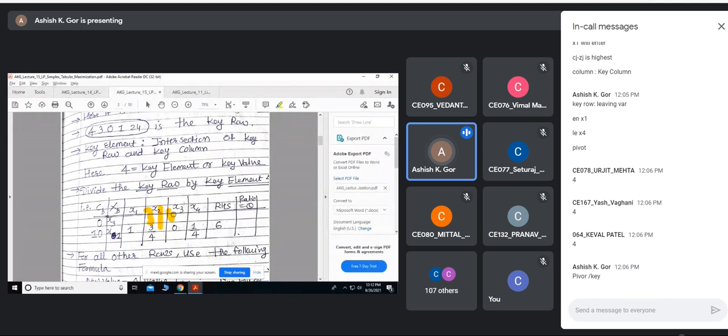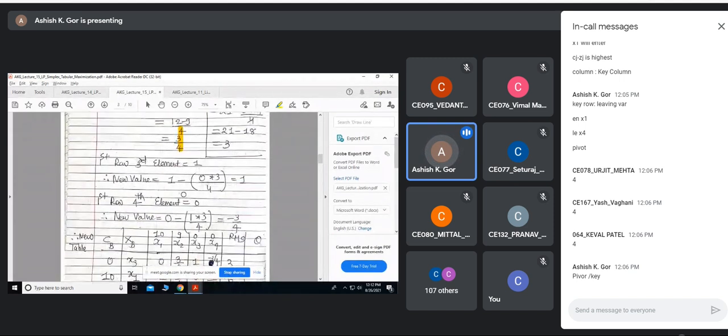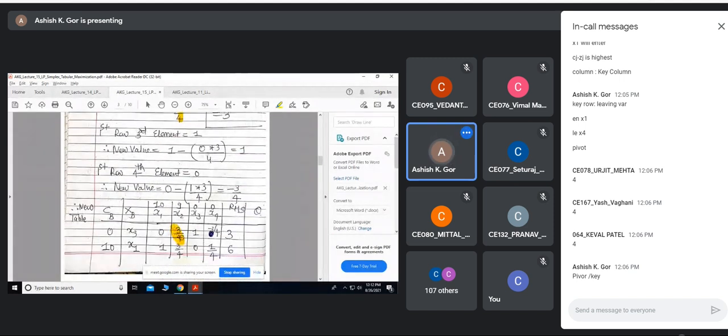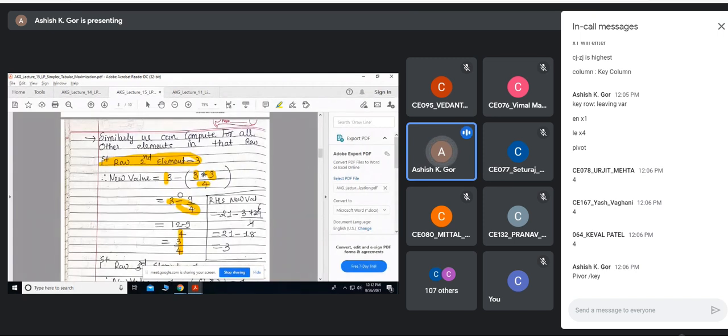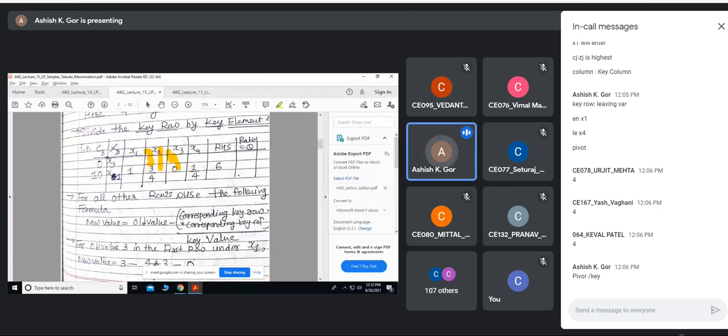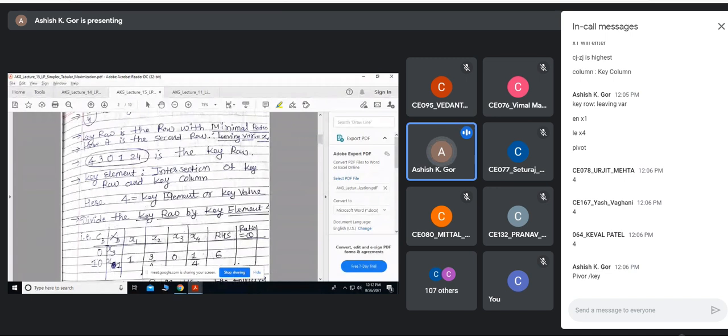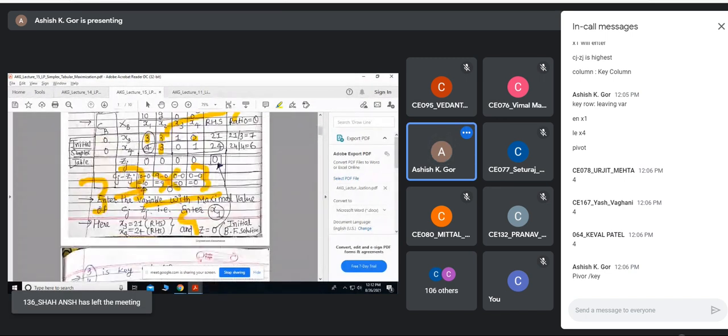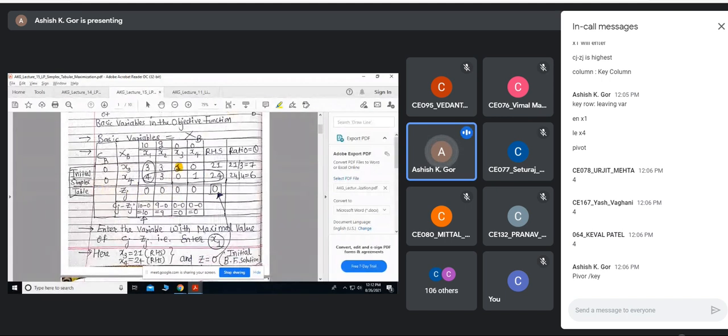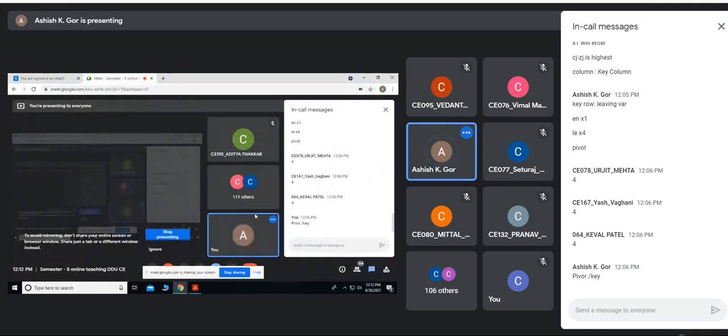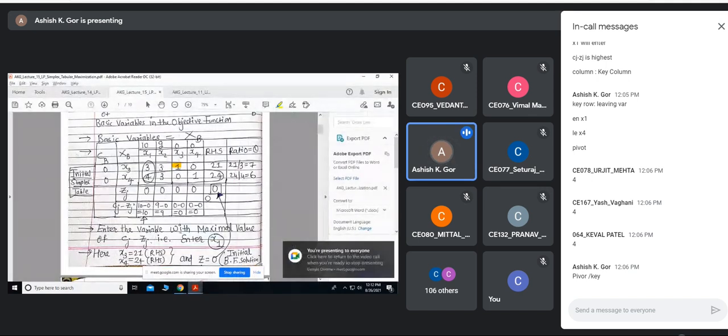I have put here 3 by 4, that I have shown in this. This is 3 by 4. Okay, so now you just tell me what will be the value over here. This is the old value 1. What will be the new value? Keval, Yash, Urjit, can you tell me what will be the new value?